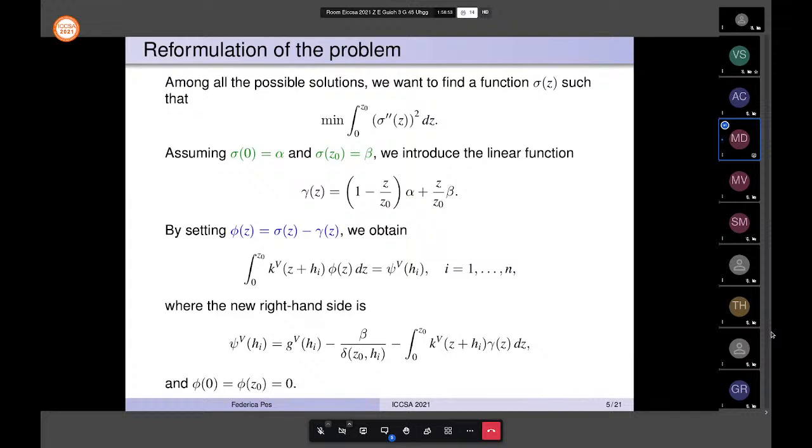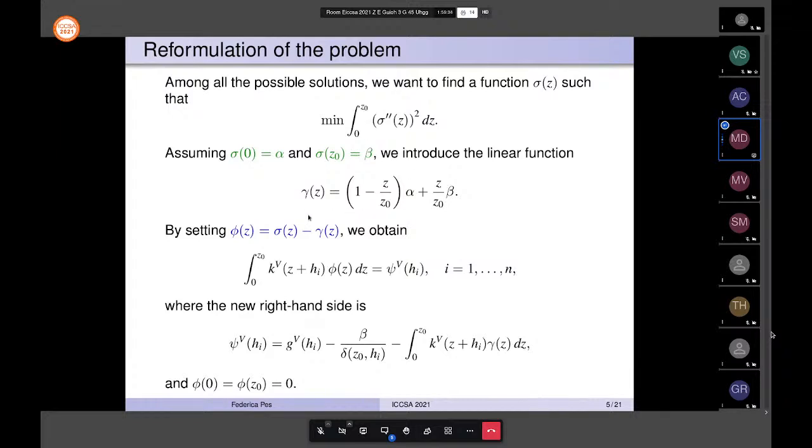Among all the infinitely many solutions, we search a function sigma that minimizes this quantity. So we search a sigma for which the second derivative of the function is minimal. Here we need to introduce this linear function, gamma, because we search a solution in a particular Hilbert space for which the values at the endpoints of the interval are equal to 0.